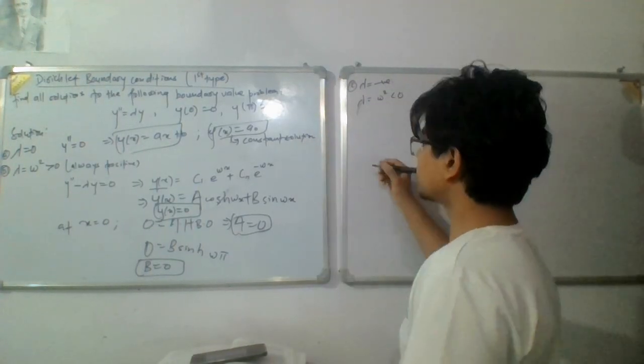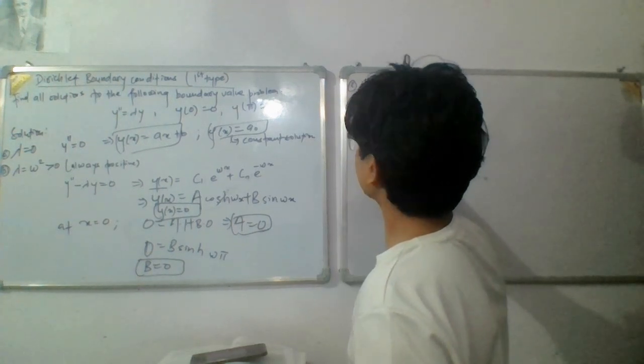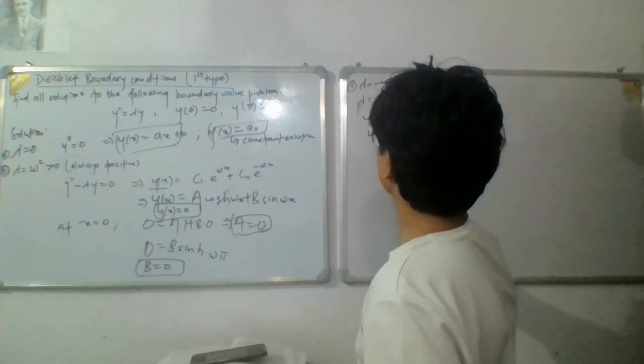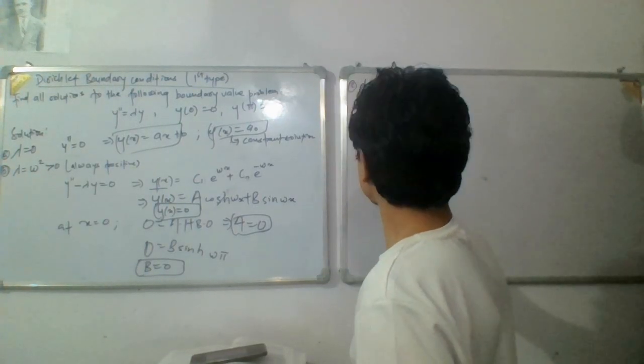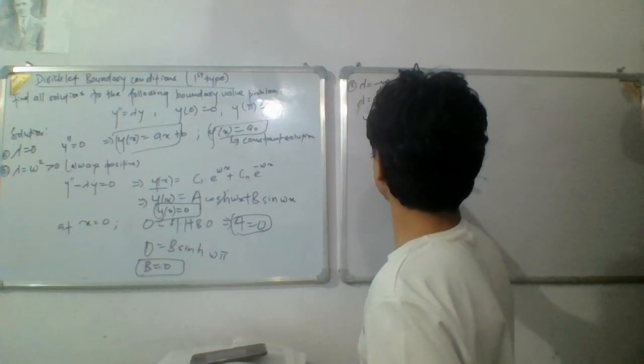Now our solution would be, since it's negative, it comes to the left hand side and becomes positive. It means y double dash plus omega square y equals 0. That gives the solutions m equals plus minus i omega.